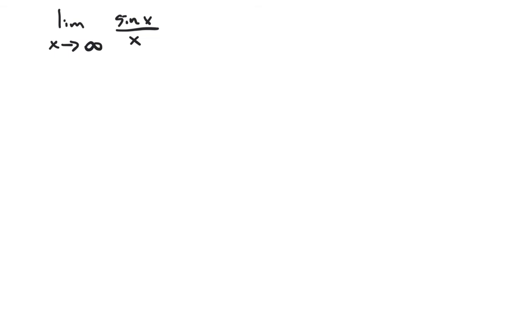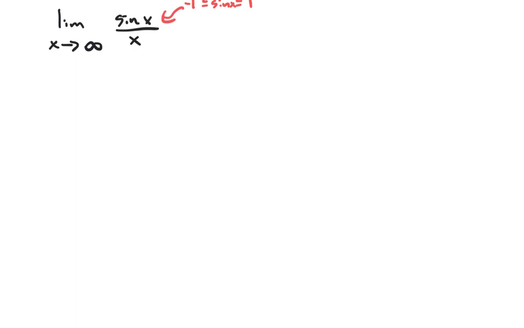As x approaches infinity, x gets really large. But remember, sine is a bounded function. So sine is always between -1 and 1. So we're thinking this numerator can never catch up to the size of the denominator.